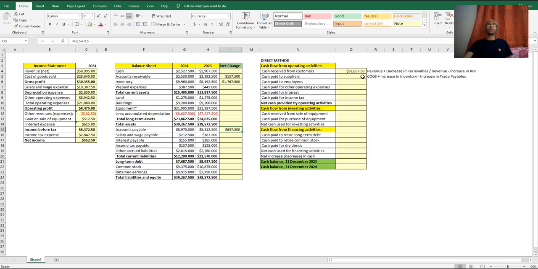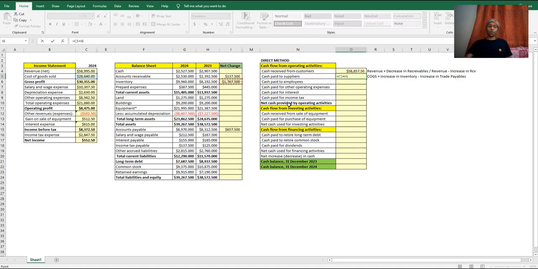So what we'll be doing is we'll be adjusting the COGS because inventory has increased. So we will be adding, because more cash has gone out than is represented in the COGS because of the inventory. So we add it.